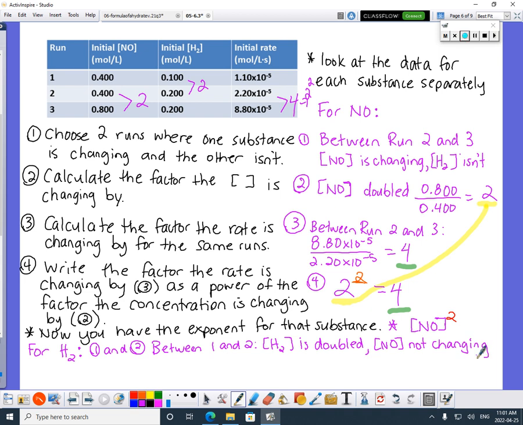In fact, often students won't write the one that's not changing because who cares? But just so in your notes you have it nice and complete, the concentration of H2 is being doubled and the concentration of NO is not changing. So then we can figure out what's happening with the same trials or runs with the rate.